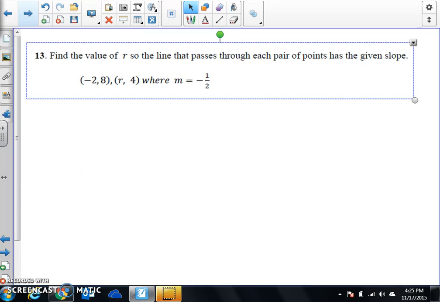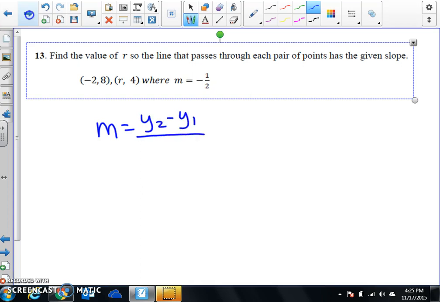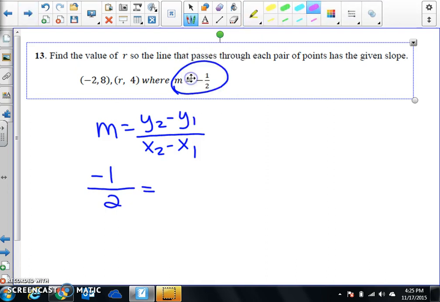All right, find the value of r. m equals y2 minus y1 over x2 minus x1. They tell us that m is negative 1/2, so negative 1 over 2. I'm just plugging it in for this m right here, okay?